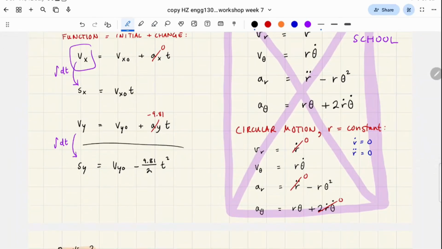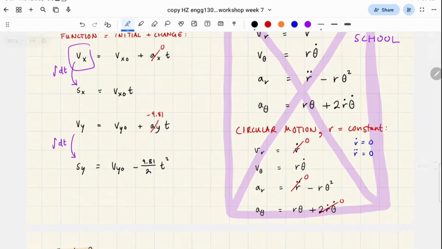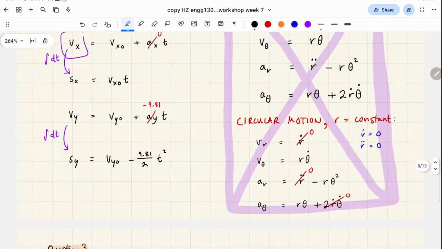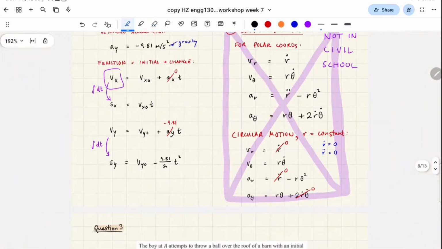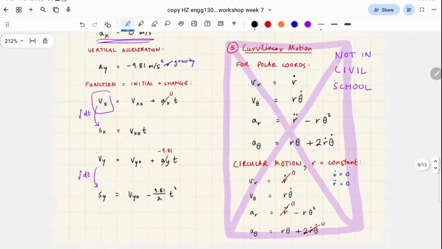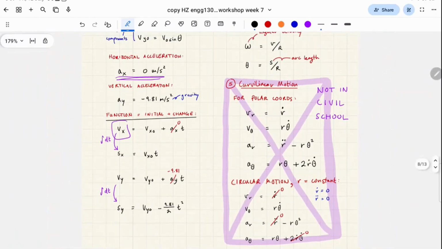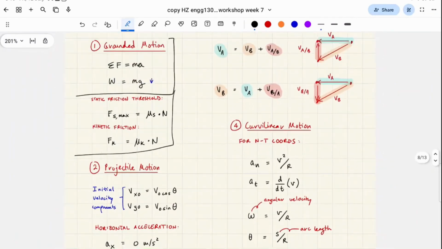So yeah, and then when we integrate that, we also have to account for that component, and that just becomes a higher order essentially, right? Okay, hopefully that makes sense. These are general formulas which will keep coming back when we're doing projectile motion questions. But it's all derived from that idea of function is equal to the initial component plus the change component. Okay.